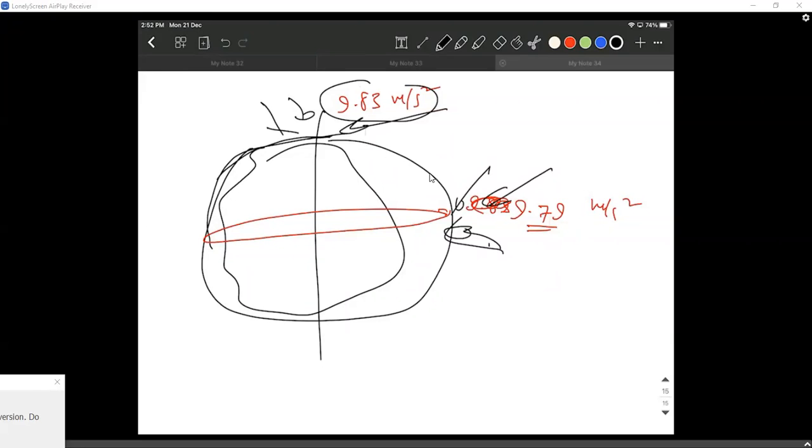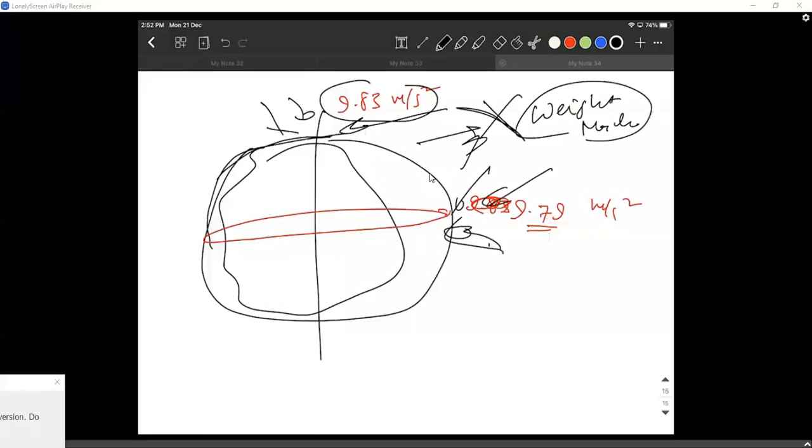They cannot use the same weighing machines at both points. Okay, that is a very important point. They actually make adjustments according to these g values. Otherwise, you will always get wrong values. That is one important point.